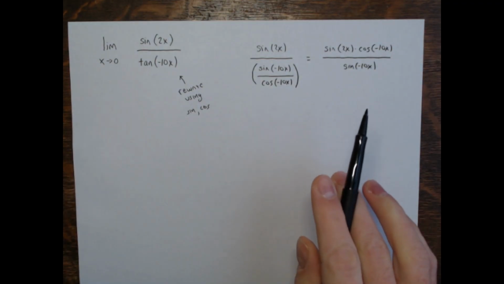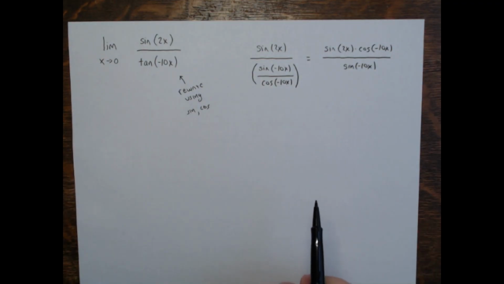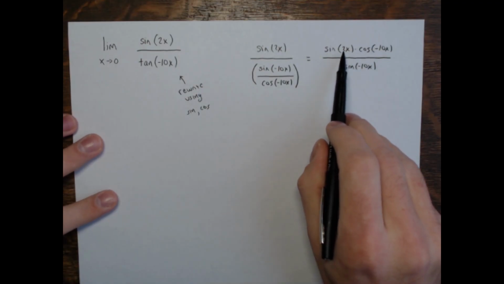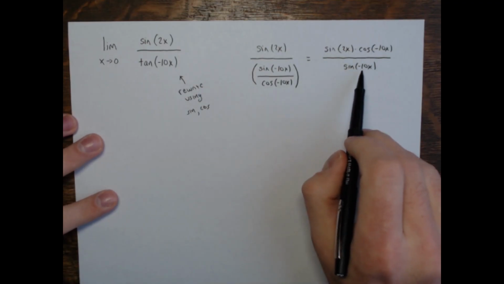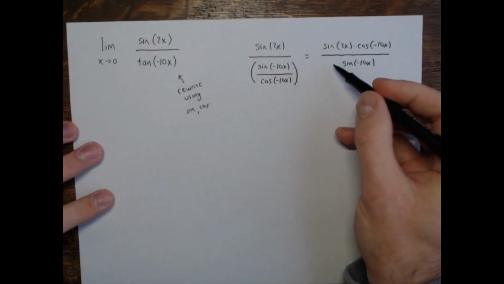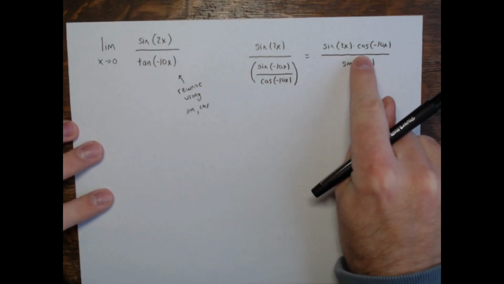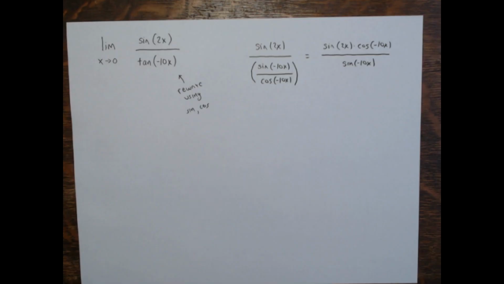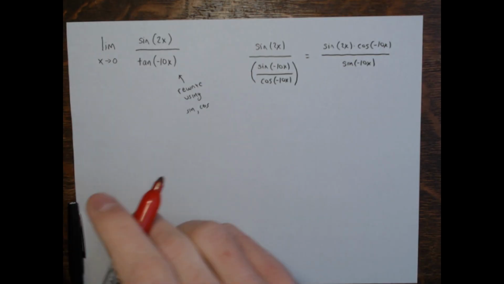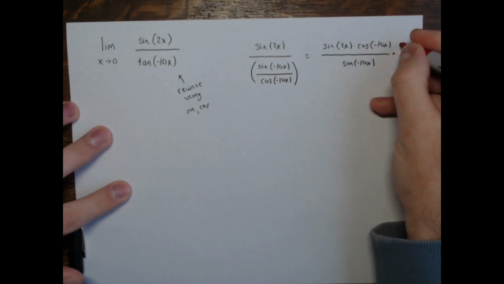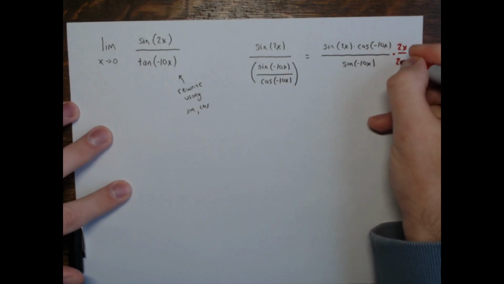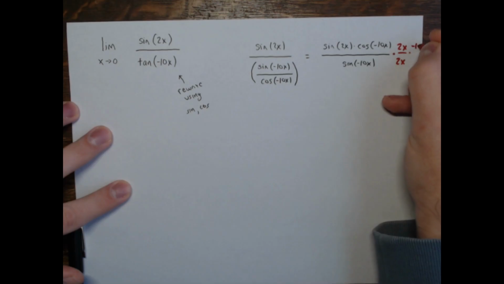Okay. And then to get that special limit involved, I got the 2x inside the sine, I got the negative 10x inside the sine, so I would like 2x below this one and negative 10x above this one, right? I said you could flip them with the sine one. So I'm going to multiply the top and bottom by 2x and also by negative 10x.